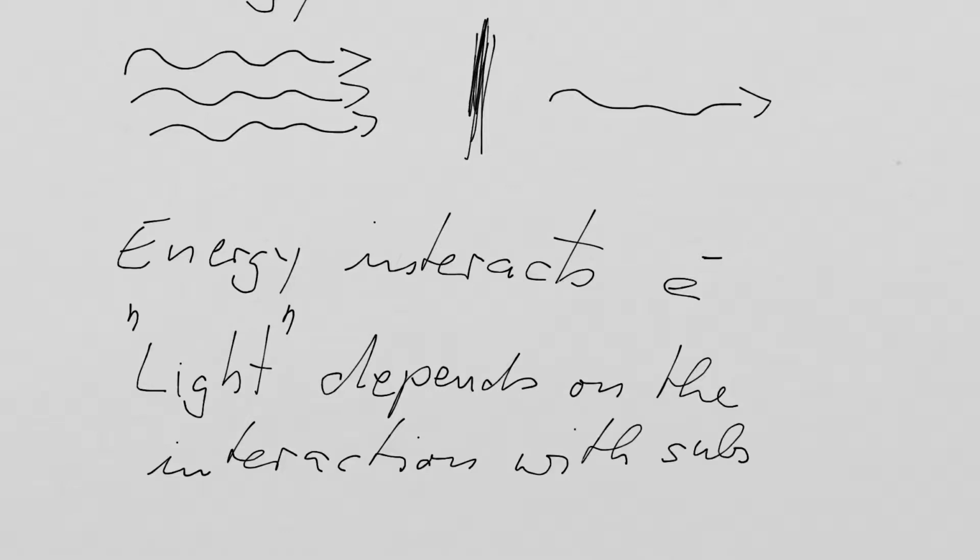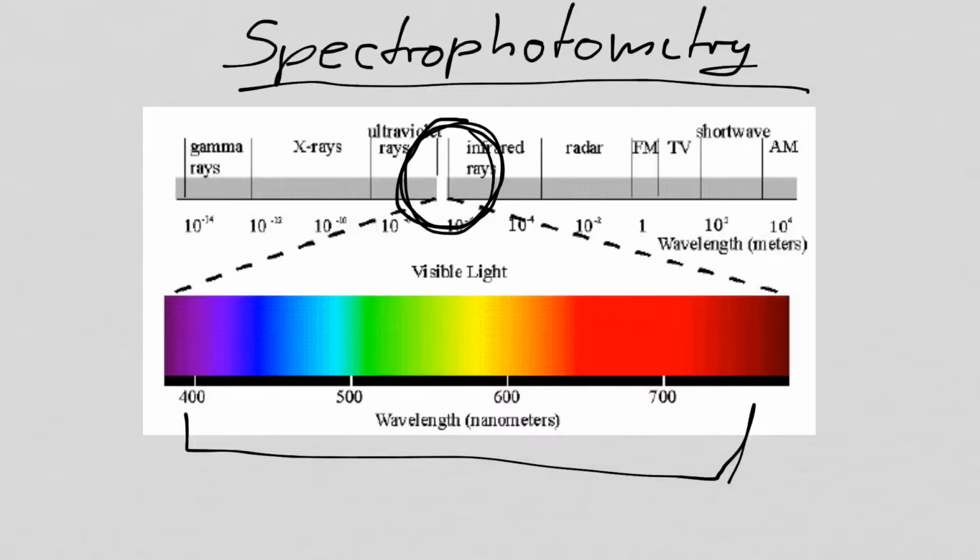And usually we measure the light in wavelength that is usually in nanometers. So you did the experiment with the paranitrophenol at a wavelength of 405 nanometers around here.